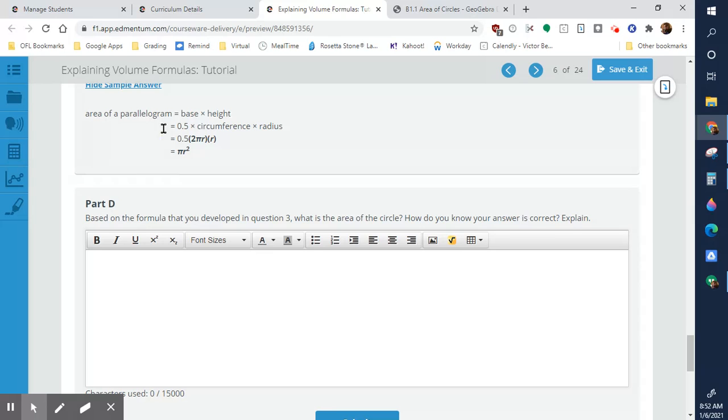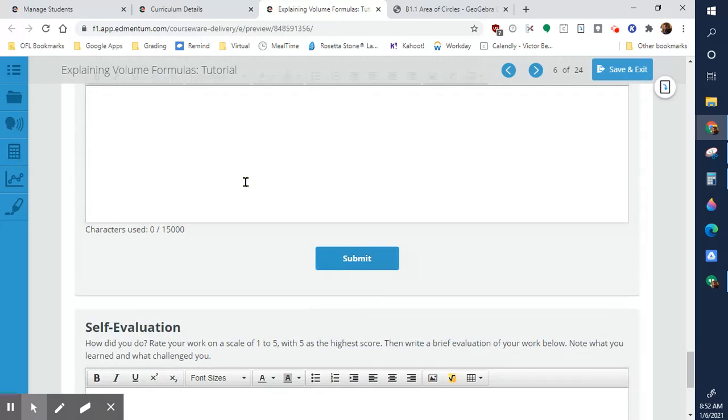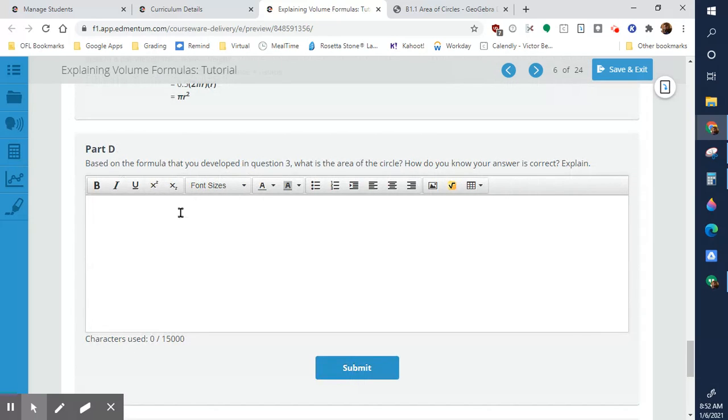So, they do the half of the circumference. They did all fancy. All right, so now, based on the formula, what can you say the area of a circle is? How do you know the answer is correct? Explain. I don't know that the answer is correct. I don't know how they expect us to see that.